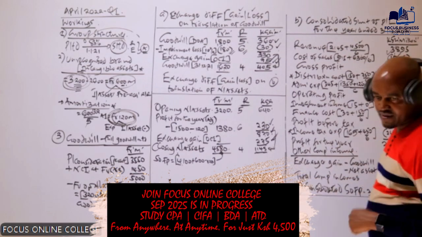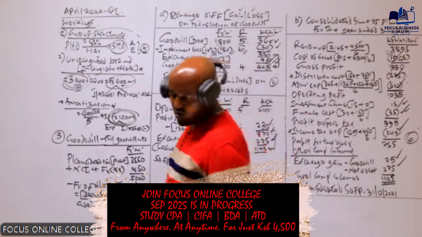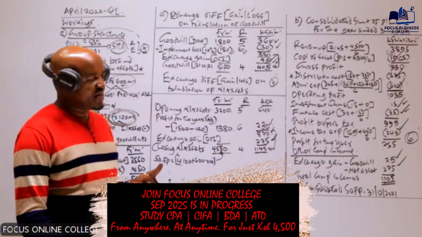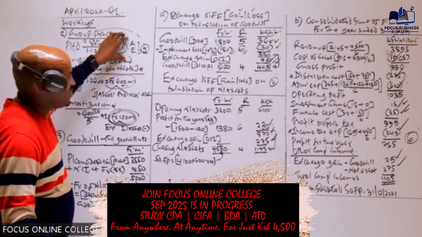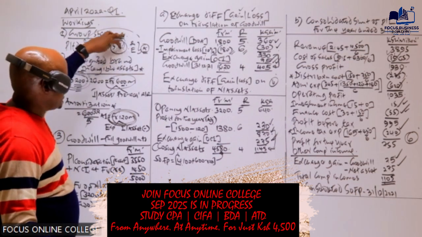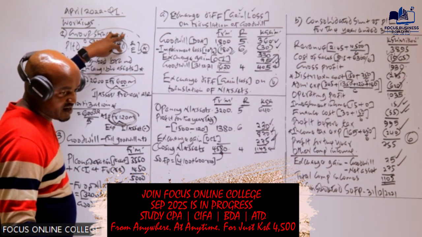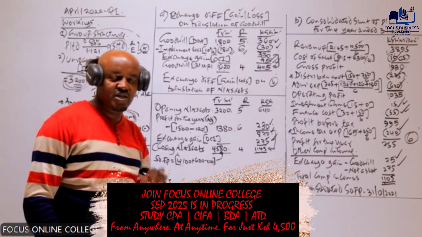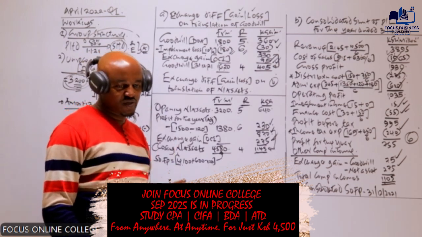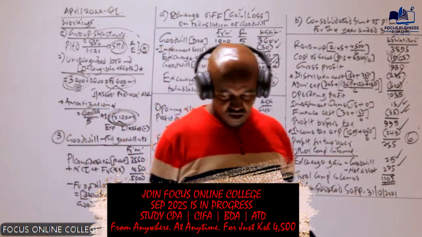So how do we prepare this one? We prepare this basically by adding together similar items of assets and liabilities, that of P, that of S. But remember the assets and liabilities of the foreign subsidiary are in franc. We translate them into presentation currency using the closing exchange rate. That is what is important here.